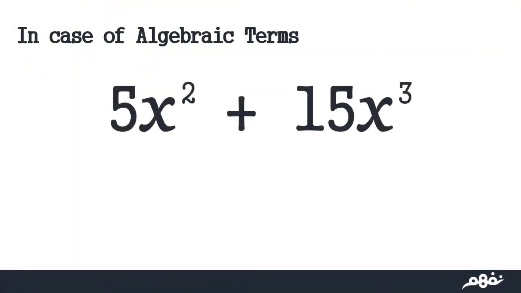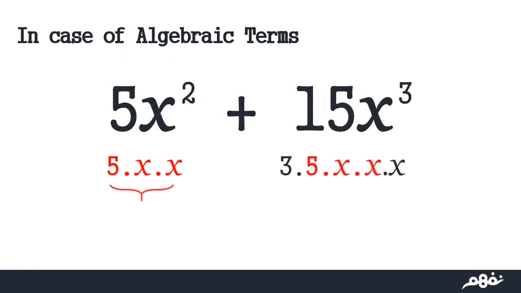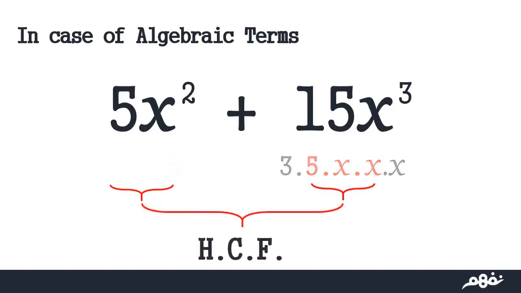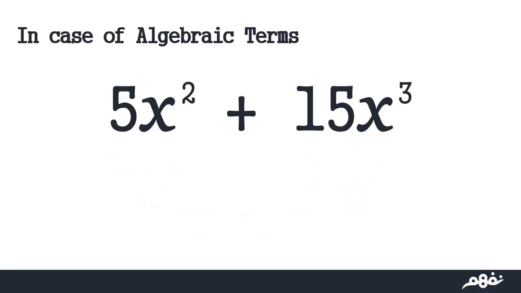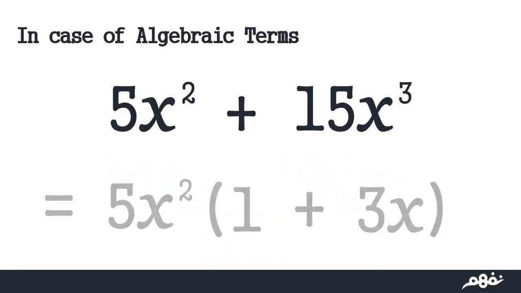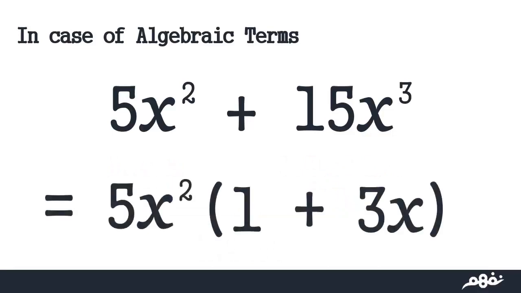What if it wasn't a number, it was an algebraic term? So in case of algebraic terms, I do the same thing. I first have to simplify this term, like 5x to the power 2 plus 15x to the power 3 equals 5 times x times x plus 3 times 5 times x times x times x.